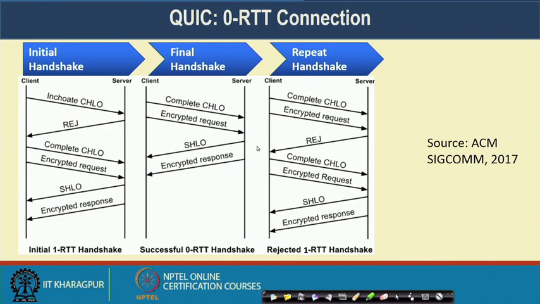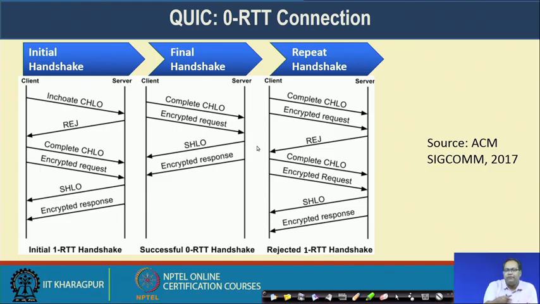In case of Quick, during the initial handshaking, whenever you are connecting to the server for the first time, you have to do a detailed handshaking, but after that you do not need to do that detailed handshaking, rather you can directly use the previous handshaking, the connection that has already been established, to send further data.